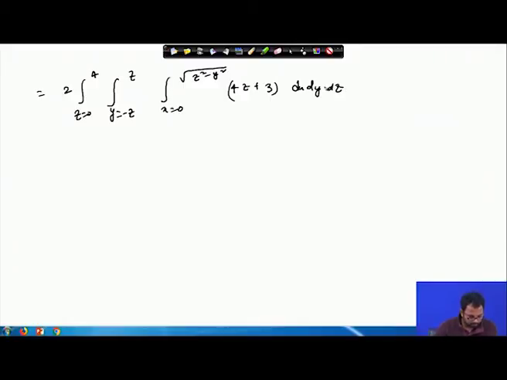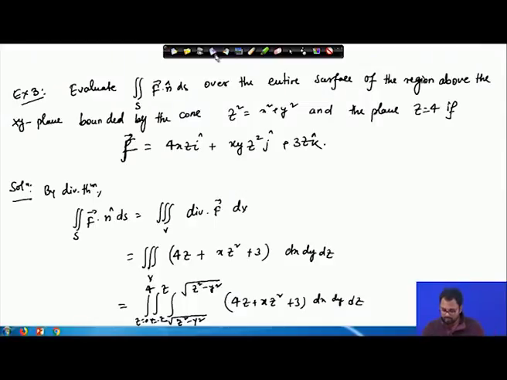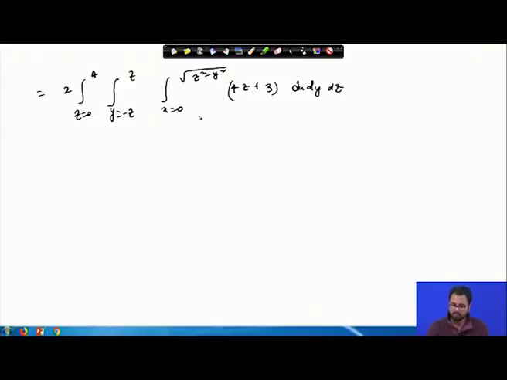Now, this function xz square is an odd function in x, so that will be 0. 4z plus 3 is an even function, so basically I have written a 2 here. So, that xz square vanishes because of being an odd function, right.